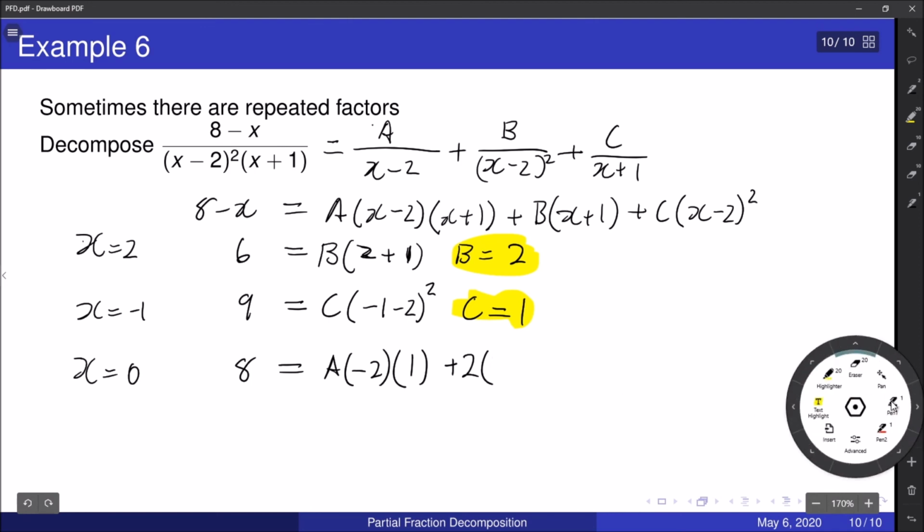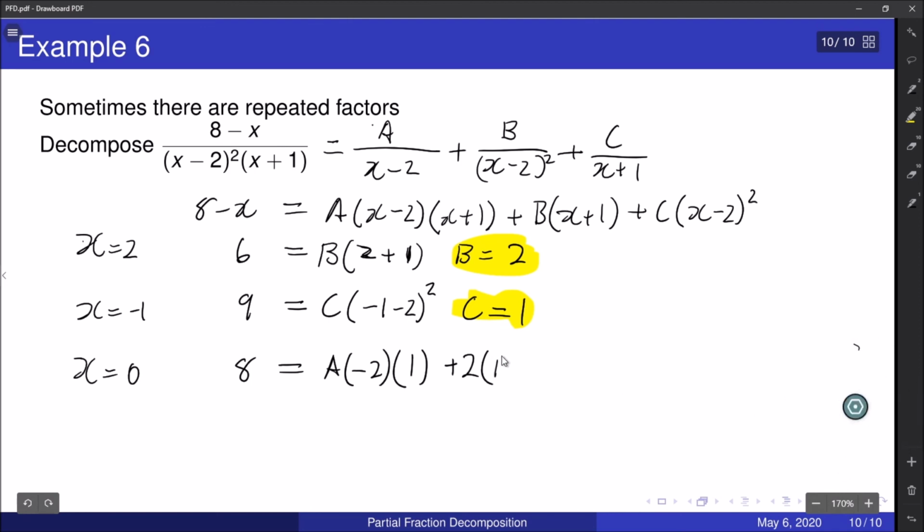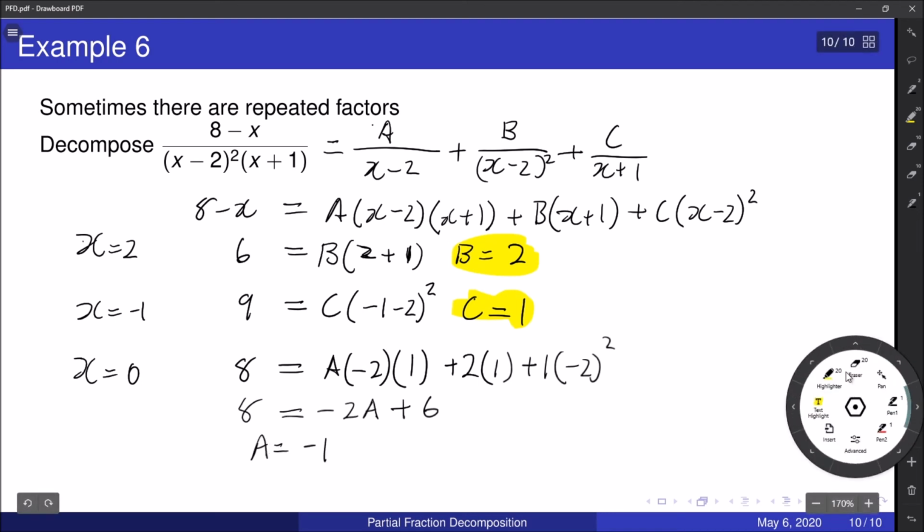Oh, wait. What am I doing? And then plus c. c is obviously 1 times -2 squared. And so 8 equals -2a plus 6. So obviously a is -1 here.